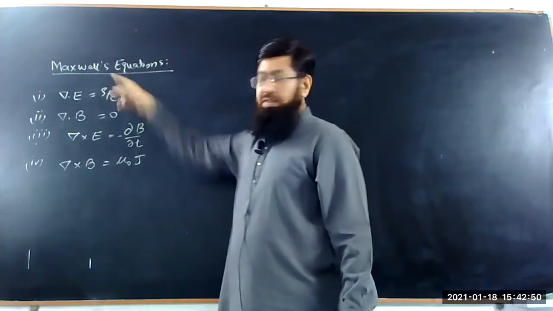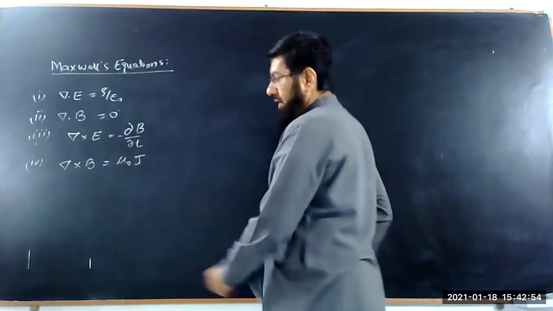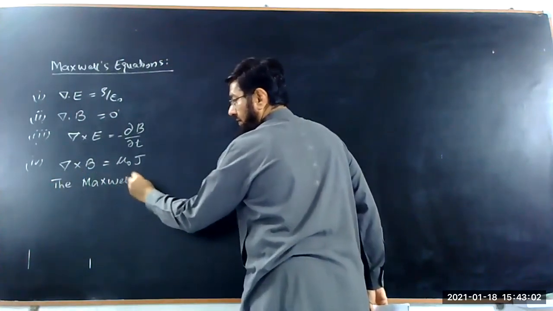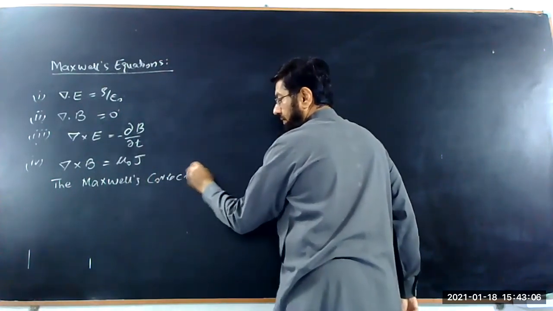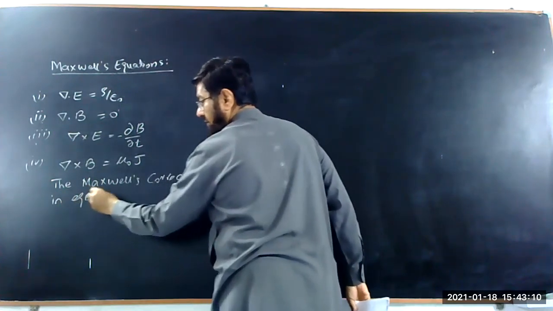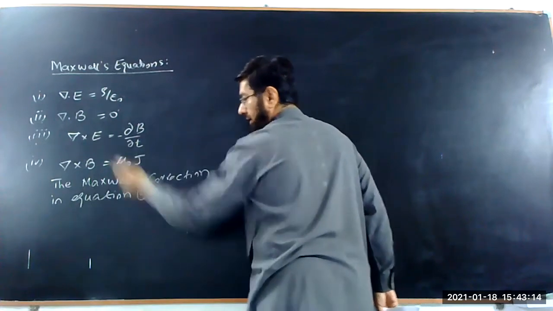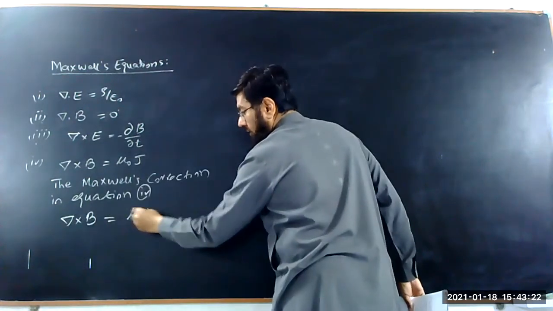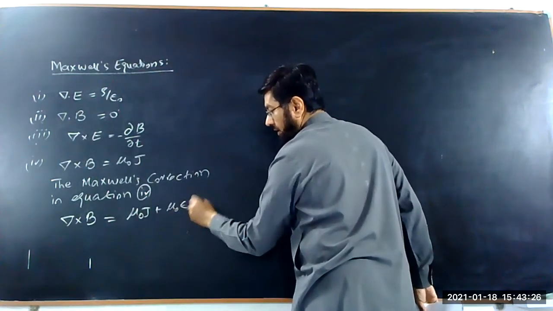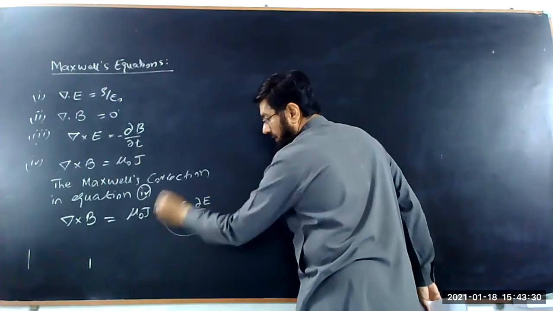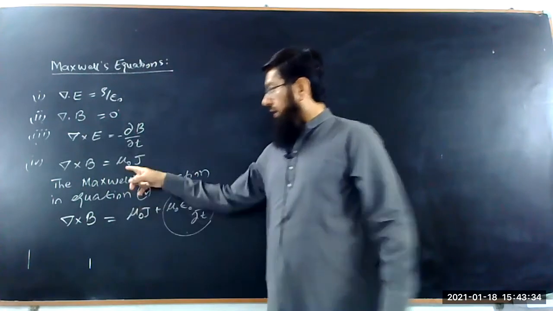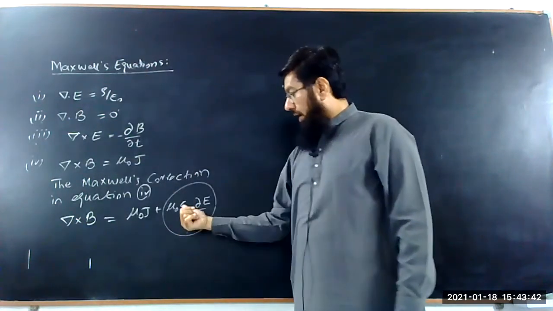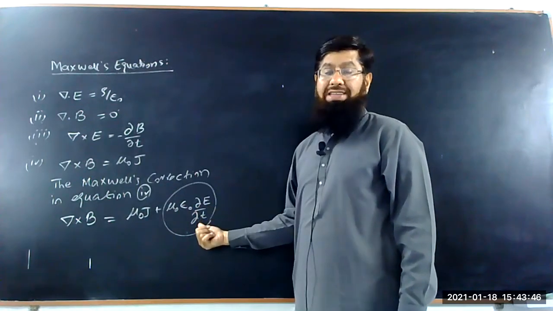Maxwell gives a certain correction in this equation. So the Maxwell correction in equation number 4 is the curl of B is equal to mu naught J plus mu naught epsilon naught dE over dt, and this factor is incorporated in addition to mu naught J. According to the Maxwell correction, this epsilon naught dE over dt is known as displacement current.